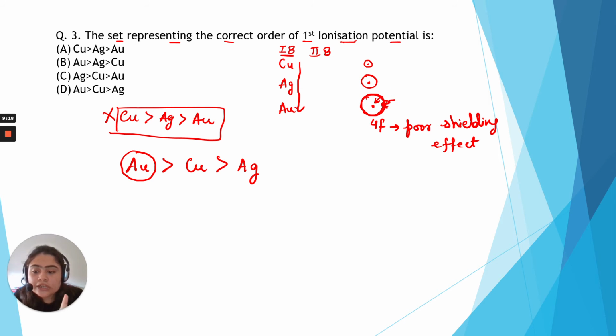The effective nuclear charge will increase, and now it will be very tough to remove the electron from its outermost shell. So we need to give more energy to remove the electron from its outermost shell, and hence ionization energy will increase. That's why Au has a higher ionization potential, and then copper, and then silver. So option D will be the correct answer.